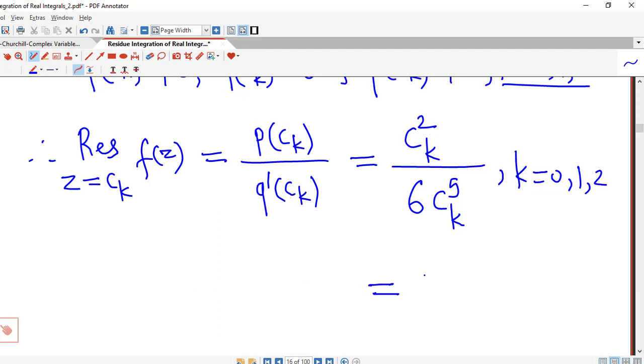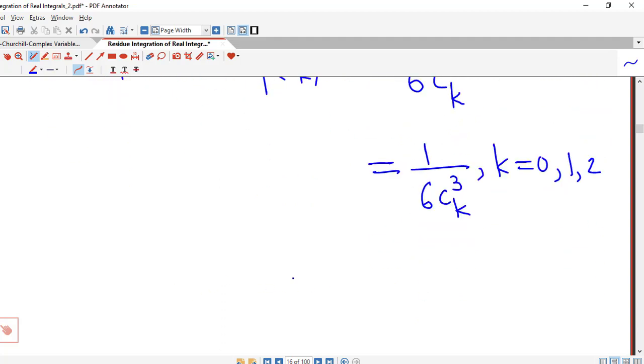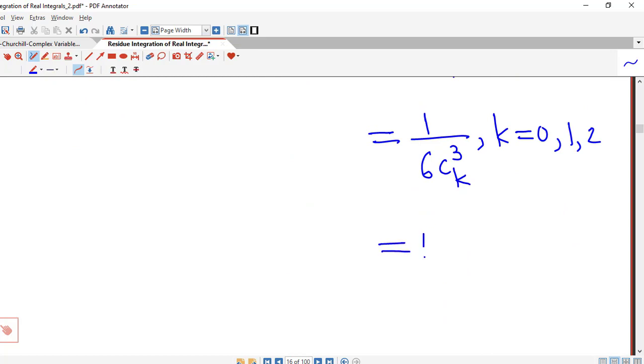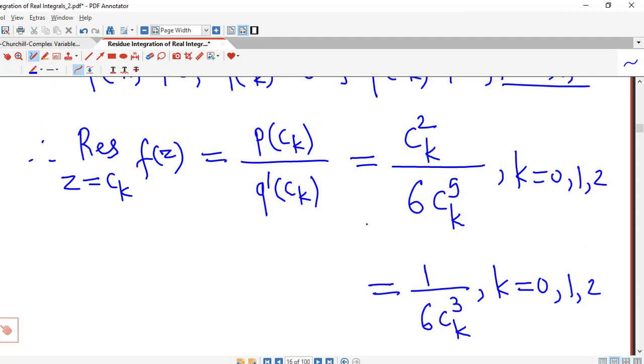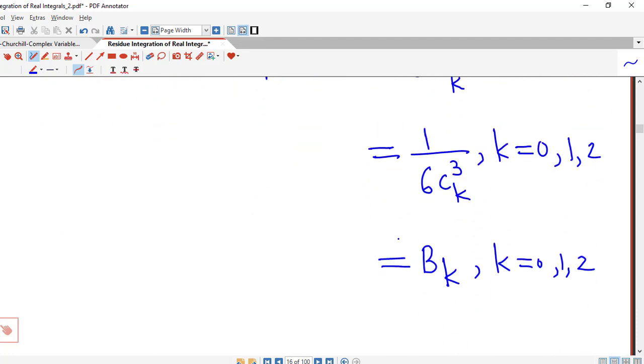So this is going to be 1 over 6 times ck raised to 3, because ck is non-zero, so we can cancel out. So this is the formula for residue which we obtain for this particular example. We denote it by bk, where k is 0, 1 and 2. So the residue of f of z at z equal to ck is b suffix k, where bk is given by 1 over 6 times ck raised to 3, k runs from 0, 1, 2.